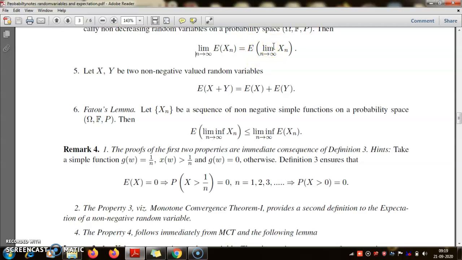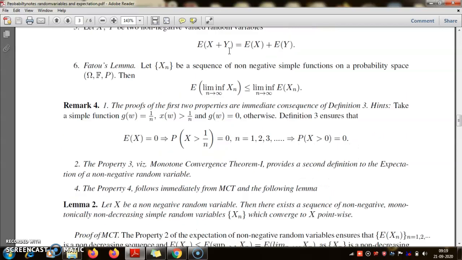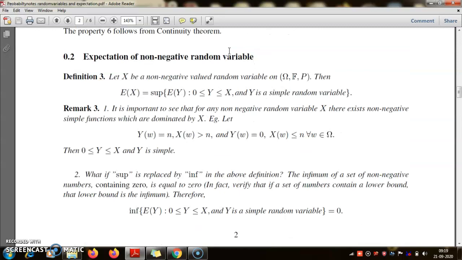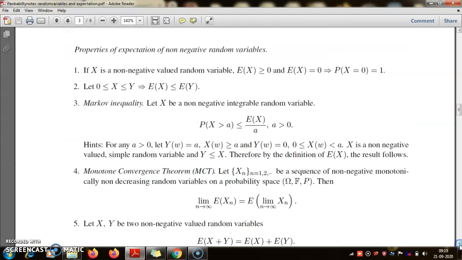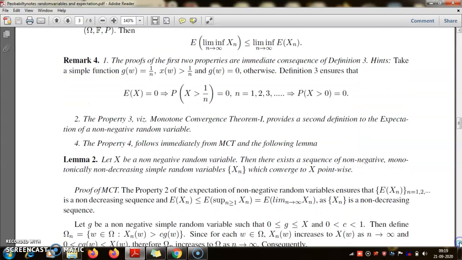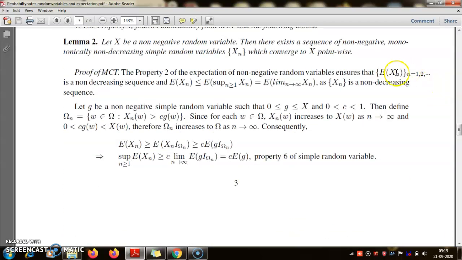That follows immediately just from the fact that Xn's are non-decreasing, and you are using the property of monotonicity, property 2, and the fact that Xn's are a non-negative sequence of real numbers. So one part you get immediately.